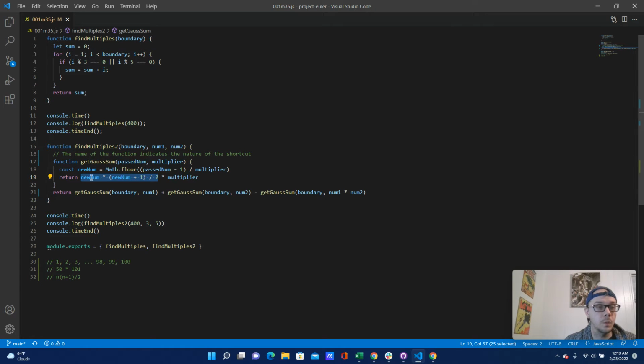And so with this new num, supposing that the boundary that we're passing in is 100, we can see that when we pass it in, we're subtracting 1. We're dividing it by the multiplier. There's a particular reason that we're doing this, because what the problem is calling for is below the number that we're passing in, not the number itself.